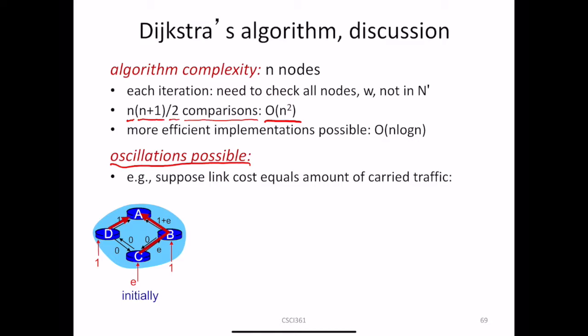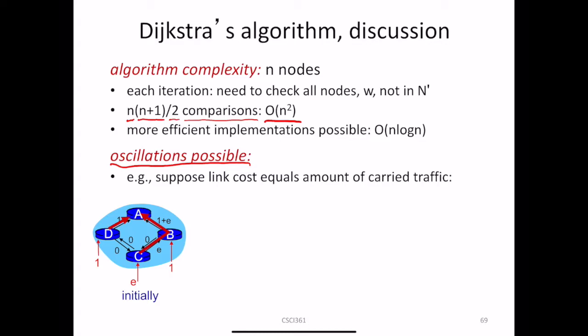That means the path ending with DA will have 1 unit of cost, or one link cost, and the path ending with BA will have cost 1 plus e. Then after everybody knows this status, because Dijkstra's algorithm depends on global information, everybody will know the ground truth of this entire topology.